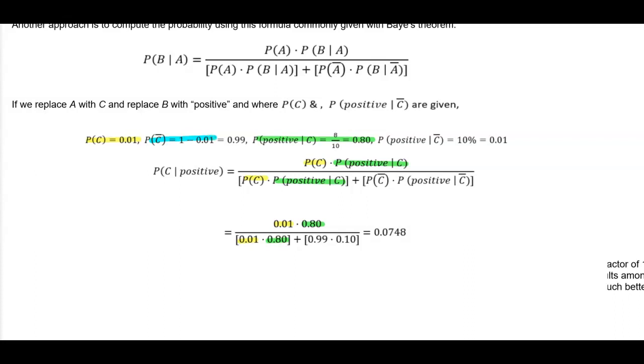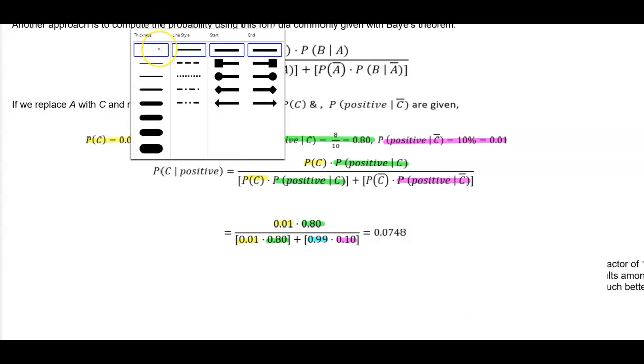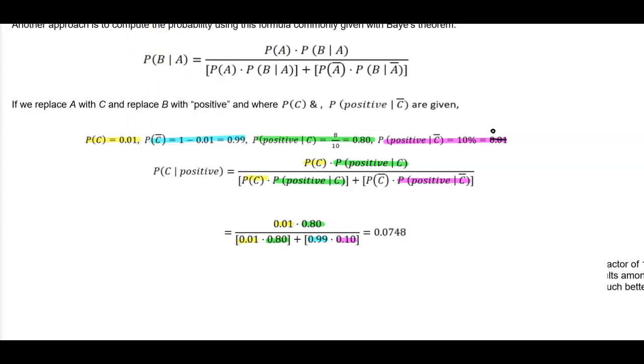So the probability of not having cancer is 0.99, and then we multiply that by the probability of having a positive result given that you do not have cancer, which is 0.10. Let me go ahead and correct that number over here, that this should be 0.10.